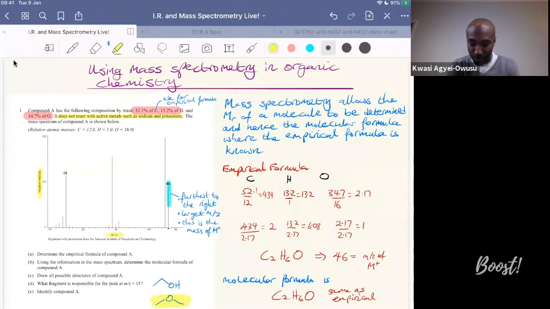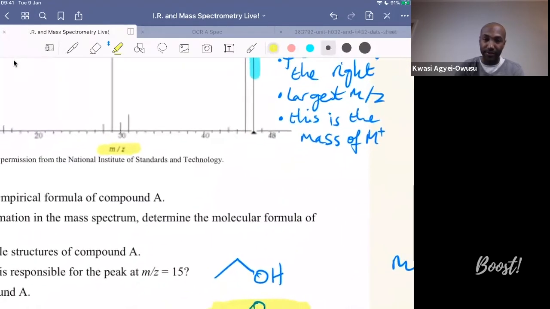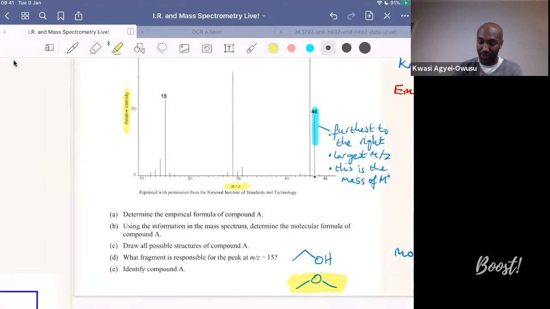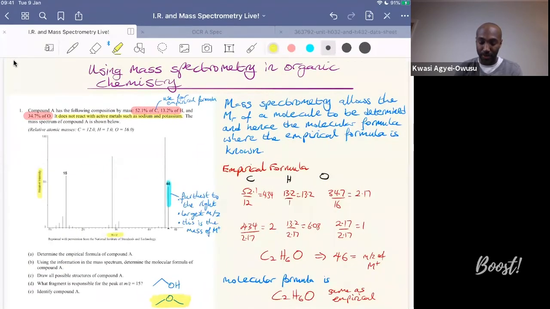What fragment is responsible for the peak at M over Z 15? That is part D in this question. We're looking at this fragment ion here, and if we consider our candidate molecule, which is our dimethyl ether that I've highlighted in yellow, if we were to break off one of the methyl groups, the CH3 plus as our fragment, that would add up to 15.